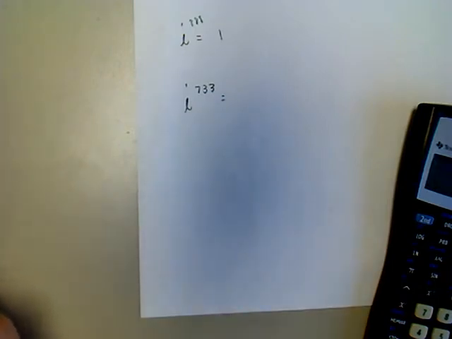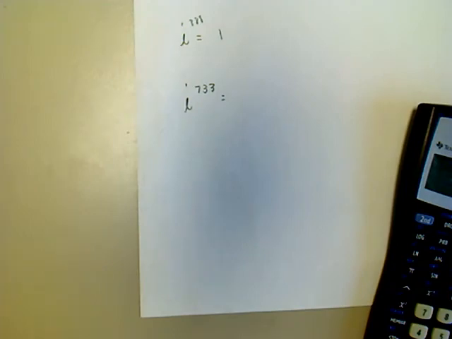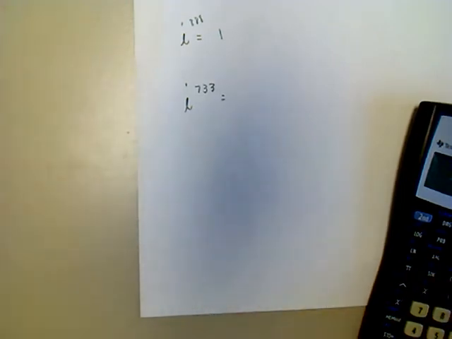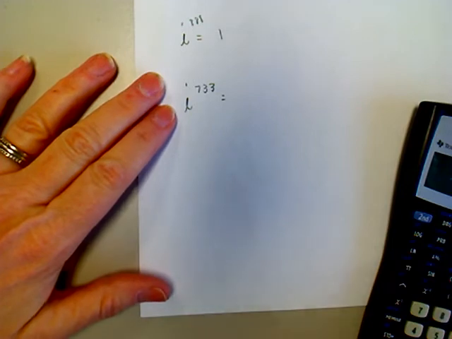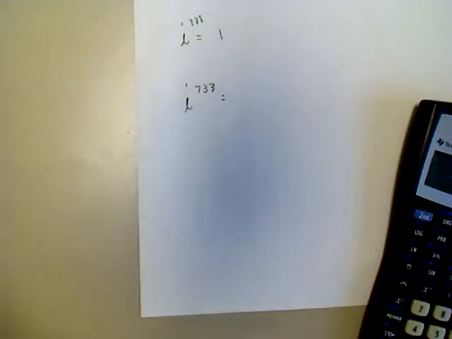So we know that that's not going to be a multiple of 4. To find that multiple of 4 so I can see what the remainder is, I'm going to decrease that number by 1. I'm going to go 732, and I'm going to divide it by 4. And there it is, 732 is the whole number there.